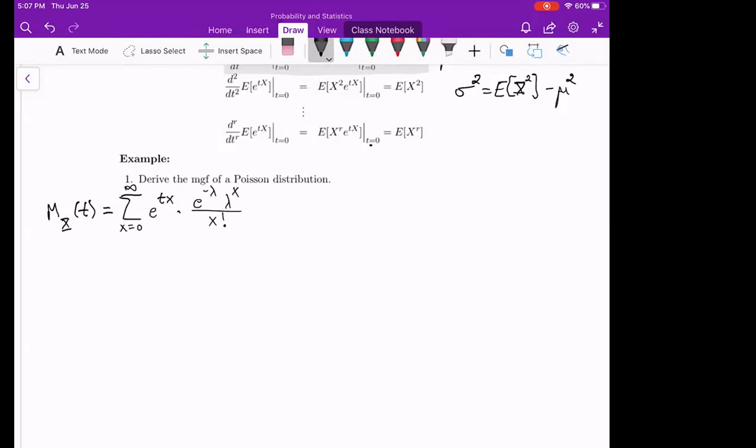So we want to figure out the MGF, which means we're going to need to manipulate this. I see that we have two exponential functions, and so I want to figure out, is there something I can do with that? Even though we could multiply them and bring the two powers together, I'm going to view that exponential a little differently.